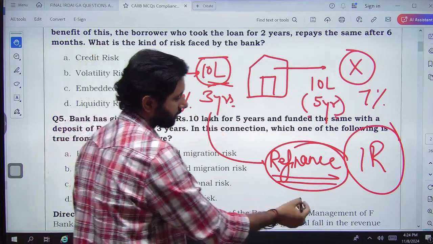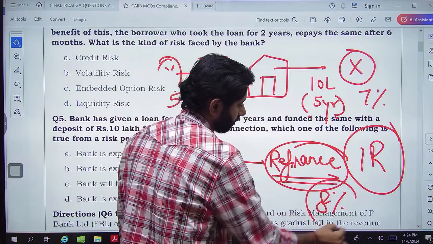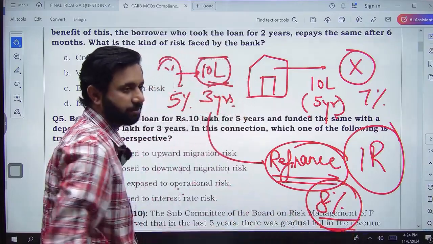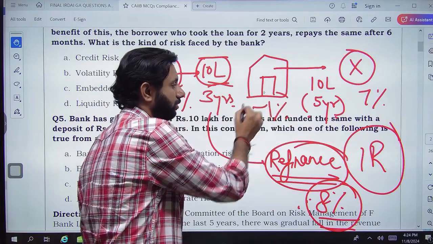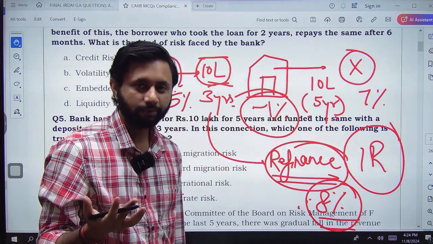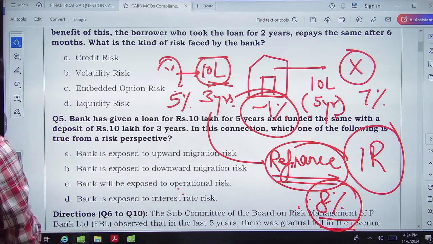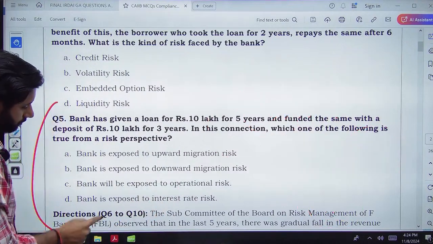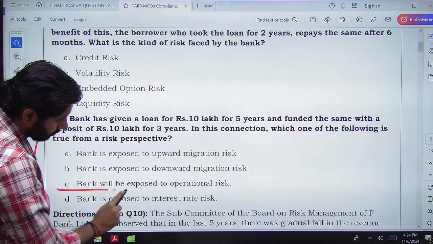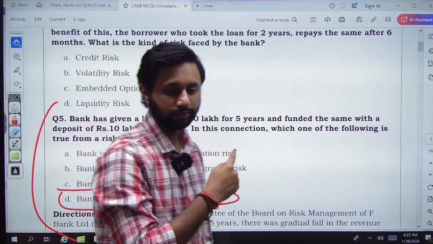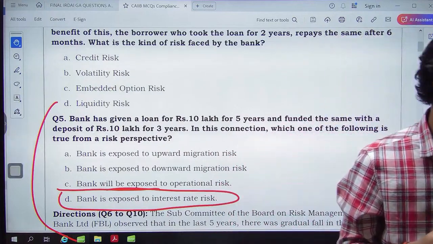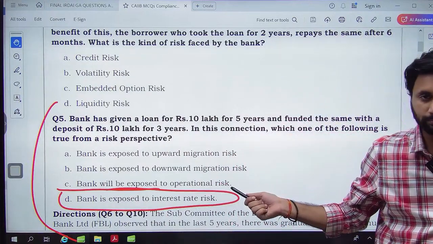But after 3 years, if you're able to refinance it only at 8%, then your net interest margin is -1%, which is a risk for the bank. So that's why the bank is exposed to interest rate risk because of this condition. I hope this is clear.